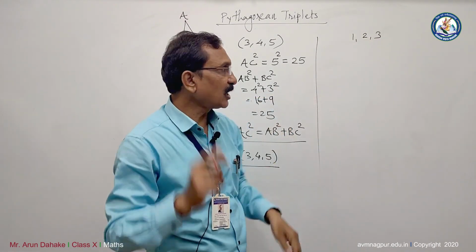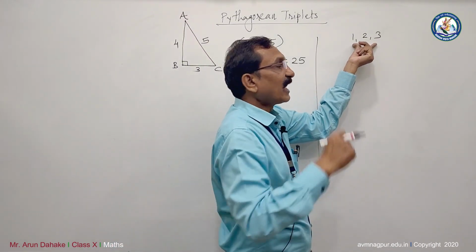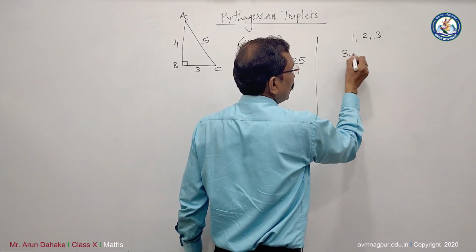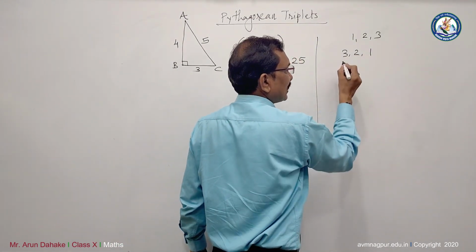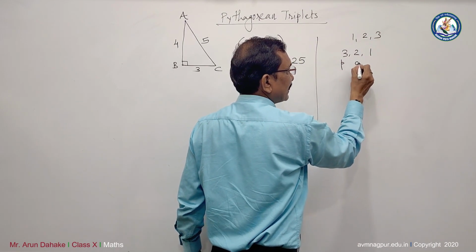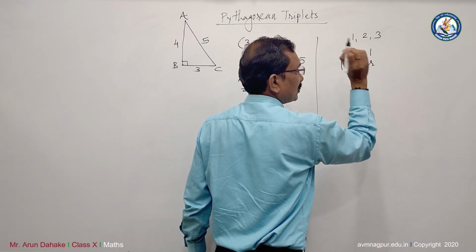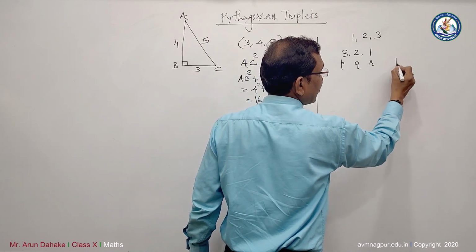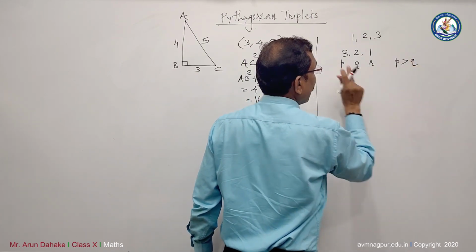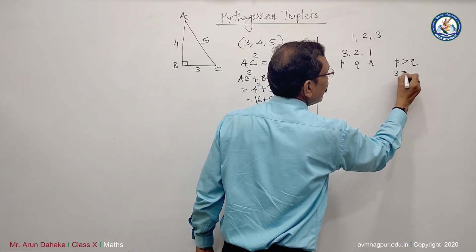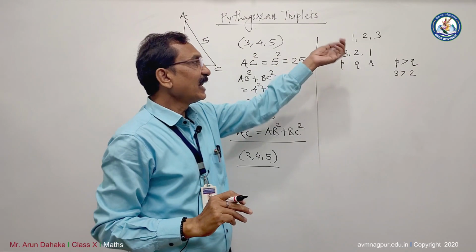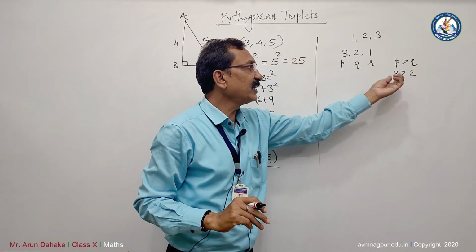You can write them in ascending or descending order, like this: 3, 2, 1. Suppose the first is called P, the second is called Q, and the third is called R. The condition is very important: P is greater than Q. Here 3 is greater than 2. Always write any three numbers in descending order.